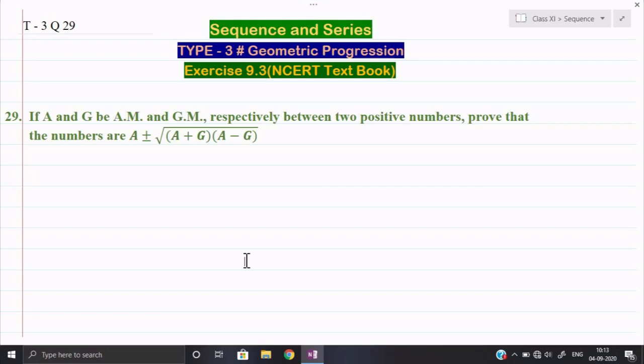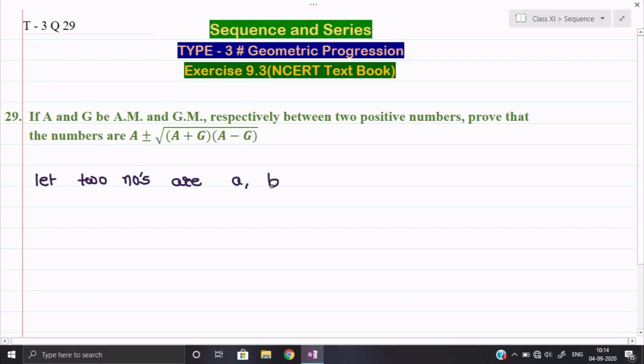Now first of all we shall suppose the two numbers right now as small a and small b, and that value we shall try to find out. So we shall write down here, let two numbers be a comma b.